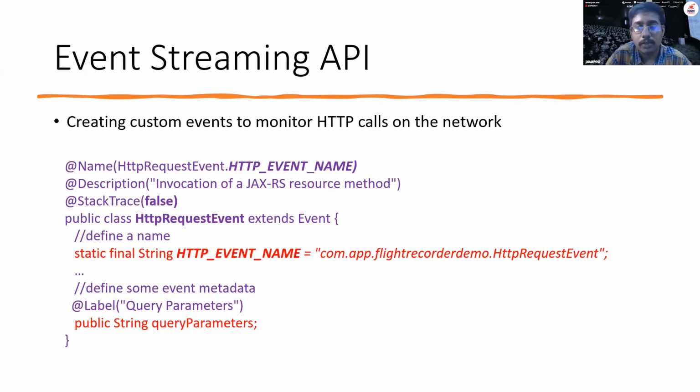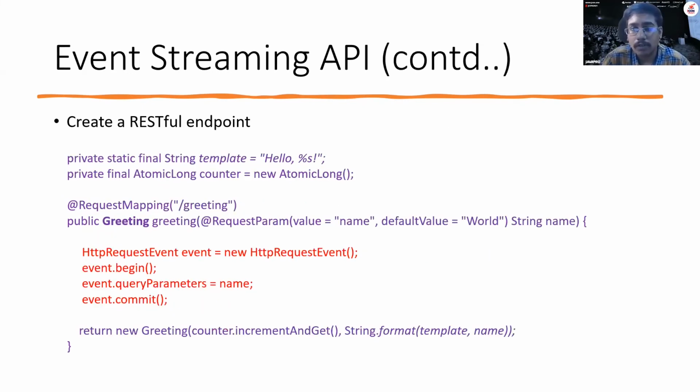Once this is done, the next step would be to create an endpoint, a RESTful or any API endpoint. Inside that endpoint is where you create an instance of that custom class, and then call the begin and the commit methods to start the recording. Whenever the endpoint is invoked by the web app or any client app, it triggers the recording to start, and the recording file is then generated.